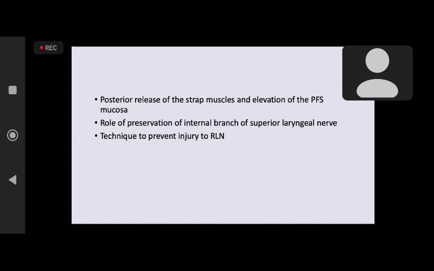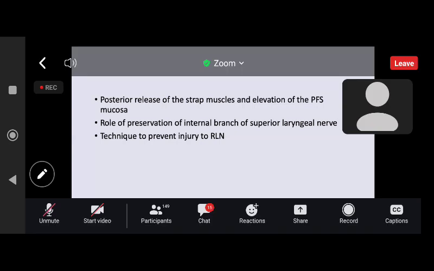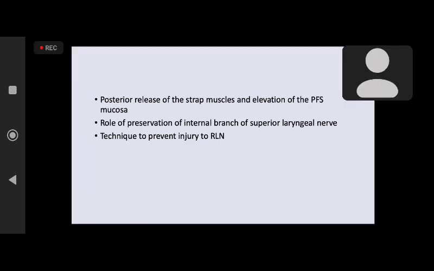So with posterior release of the strap muscle and elevation of the PFS mucosa, is there any specific point we want to practice here so that we prevent certain complications? Regarding the elevation of the PFS mucosa, in case we have a marginal zone tumor or tumor spreading slightly into the piriform on one side, on that particular side we want to be careful as to how much mucosa we are elevating off, or whether we want to take a little bit of margin on the pharyngeal mucosa or not.